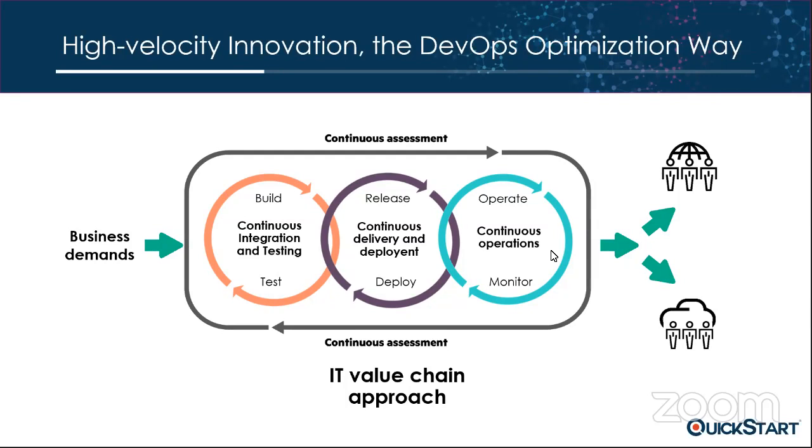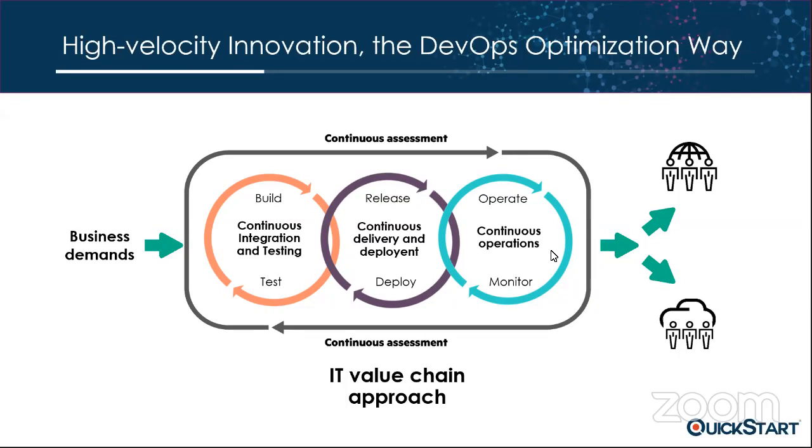We have the release and deploy, and finally the operation and monitoring. The input for this continuous assessment is the business demand, and the outputs will be the products that we would like to introduce in the market.